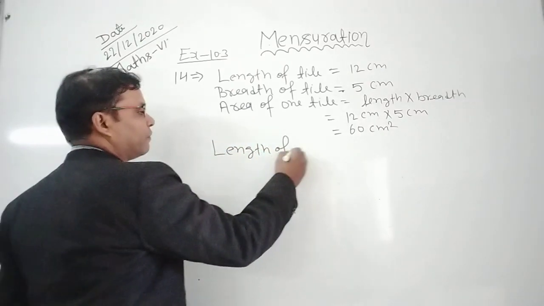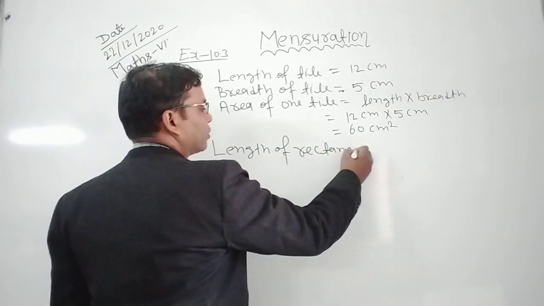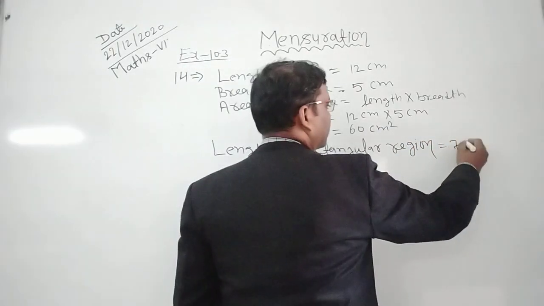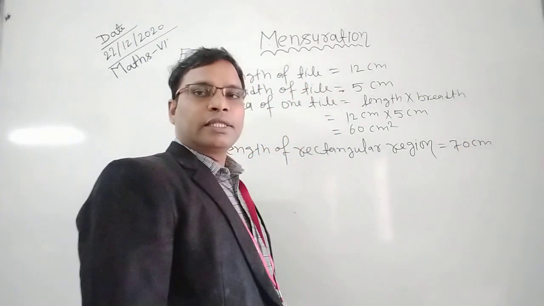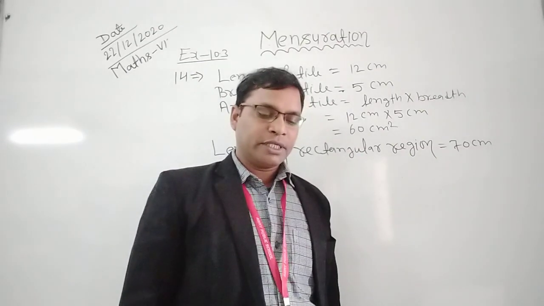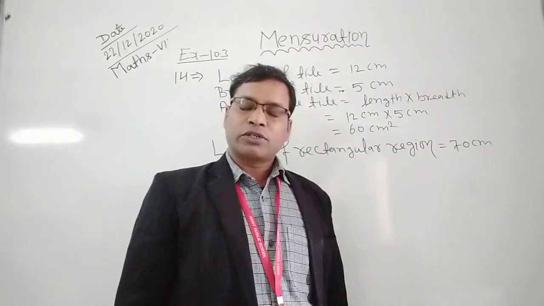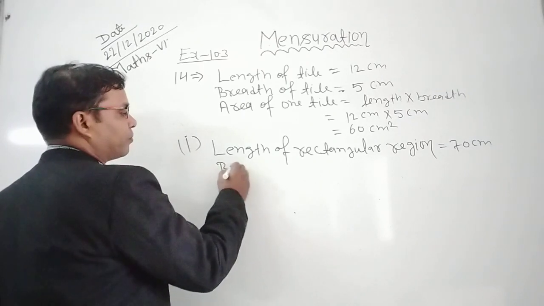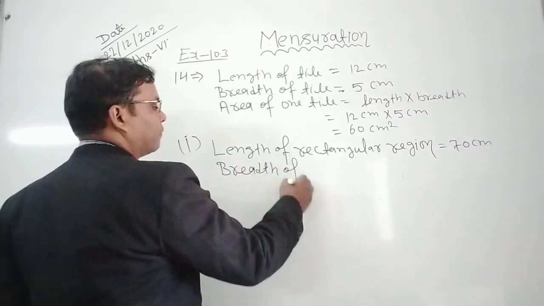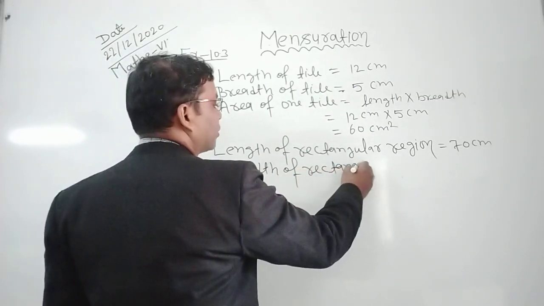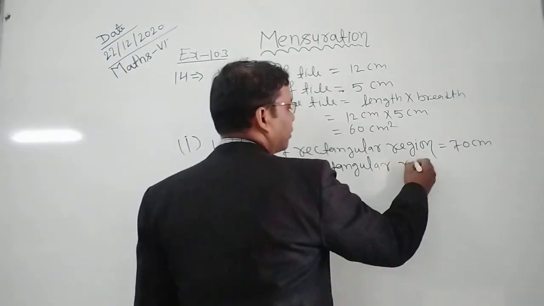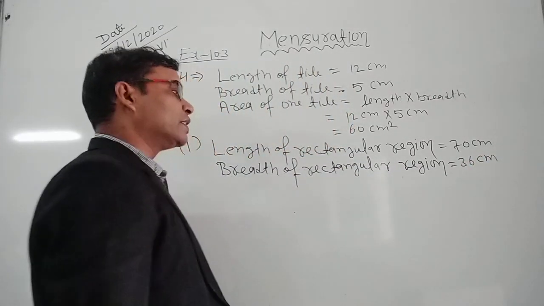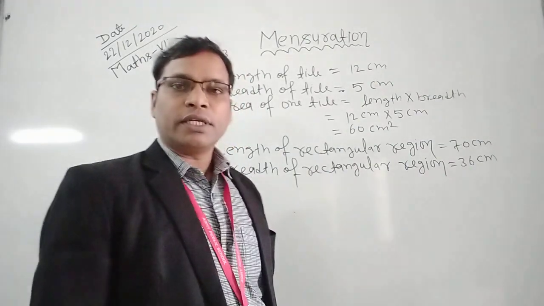Length of a rectangular region is equal to 70 centimeters, and breadth of a rectangular region is equal to 36 centimeters. This is given.